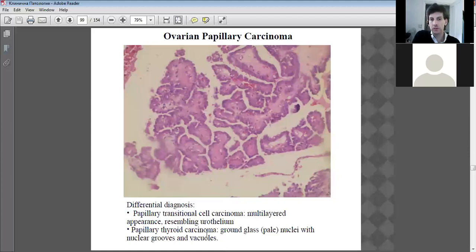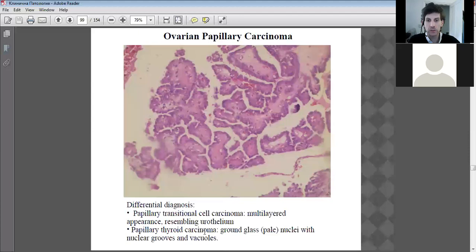Papillary thyroid carcinoma, ground glass pale nuclei with nuclear grooves and vacuoles. The ground glass pale nuclei tend to occur more in the thyroid. In this slide, however, we tend to have more of the normal darker stain nuclei. Was your professor trying to contrast with the thyroid here?